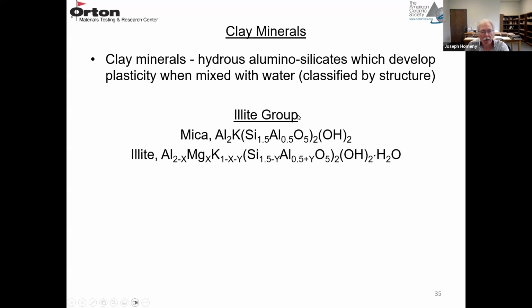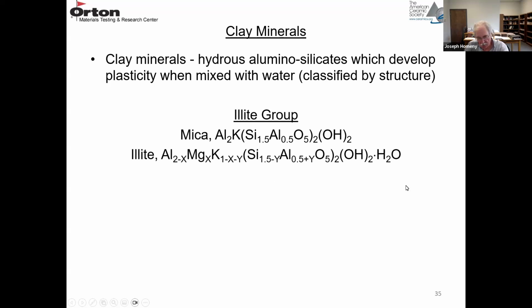The third group is the illite group. So there's more substitutions here. This is mica. There's a potassium substitution on an aluminum site. There's an aluminum substitution on a silicon site. And then illite has magnesium and potassium substitutions on the aluminum sites and aluminum substitutions on the silicon sites, plus it's hydrated.